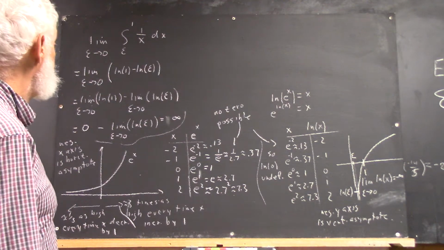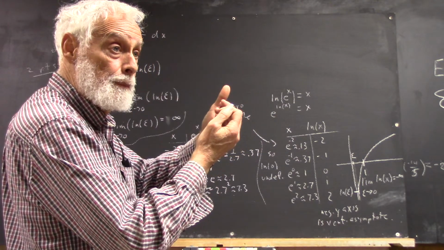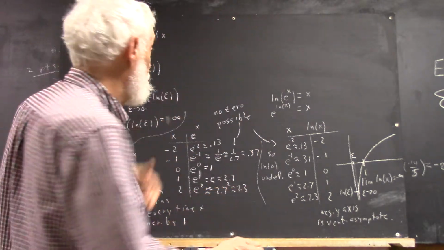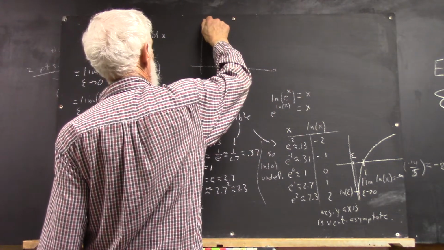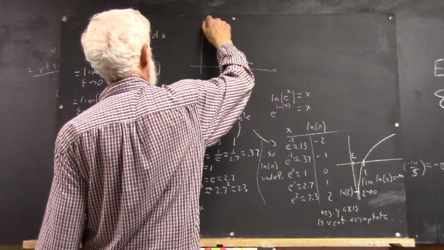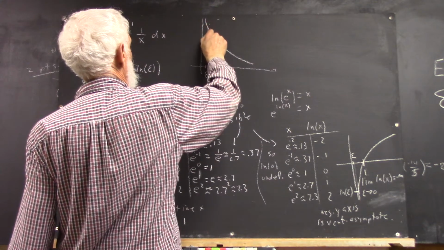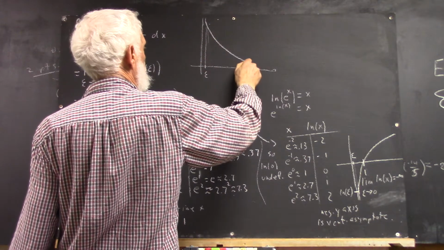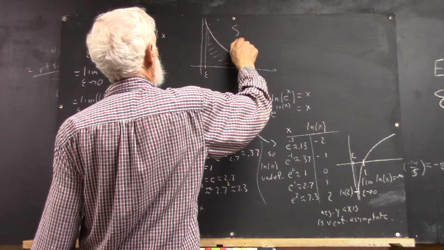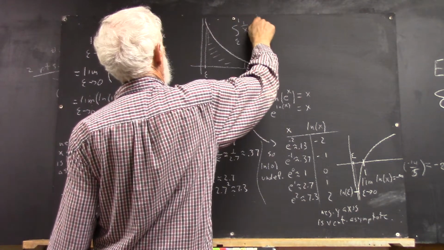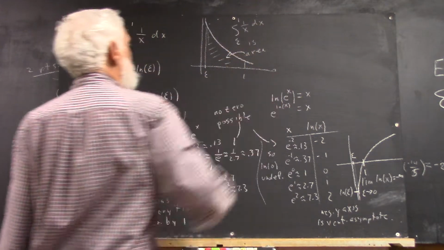So the area of the 1 over x curve, as you get closer and closer to 0, exceeds all bounds. Okay? So, what we're talking about now, the picture would be, if this is your 1 over x function, and it's asymptotic up here. Okay, here's your epsilon. What we did for the integral, it's this area, right?